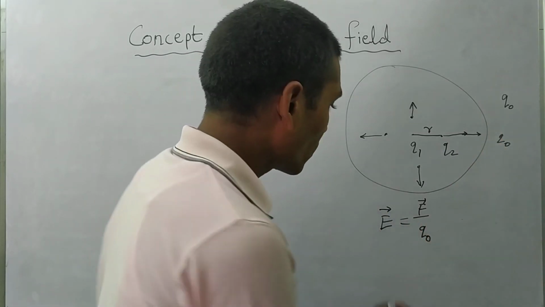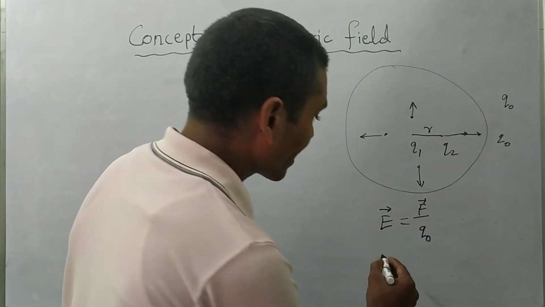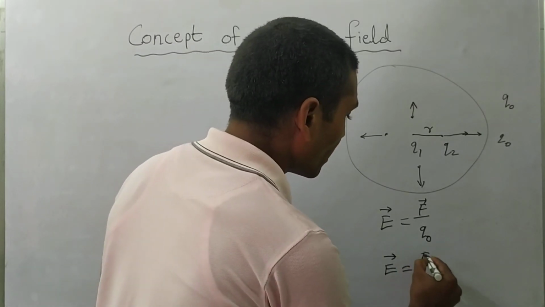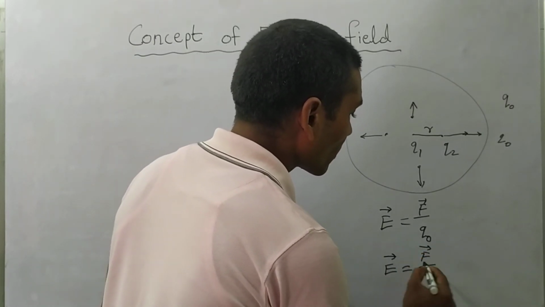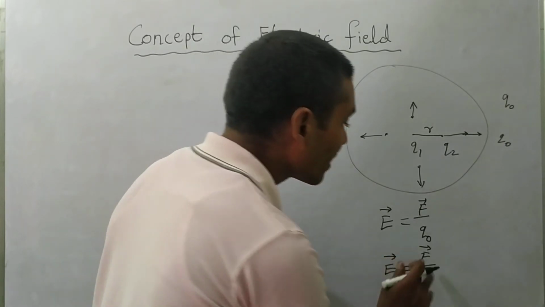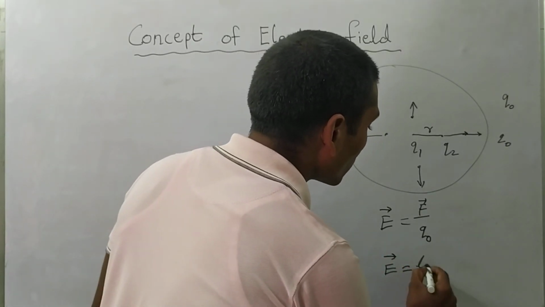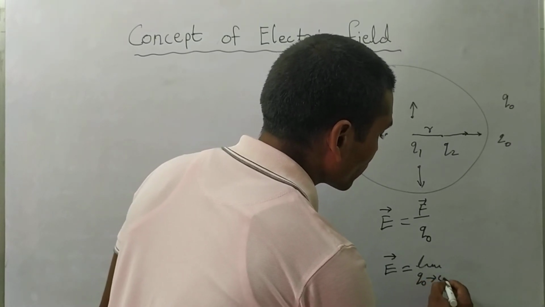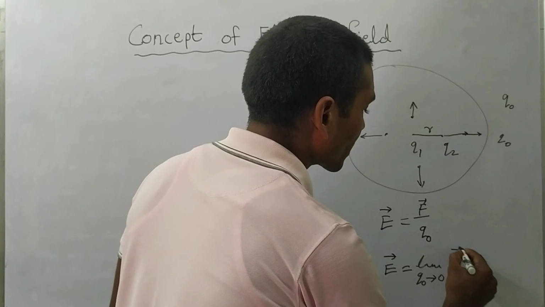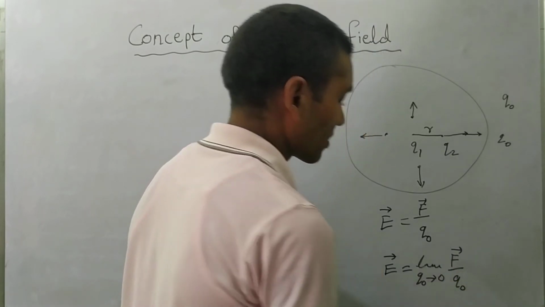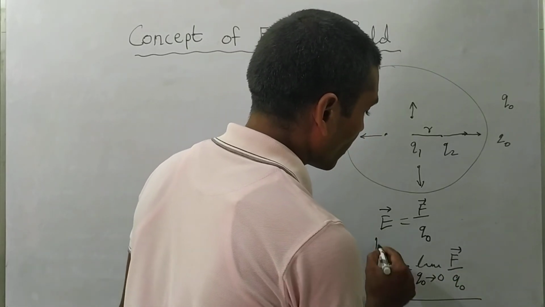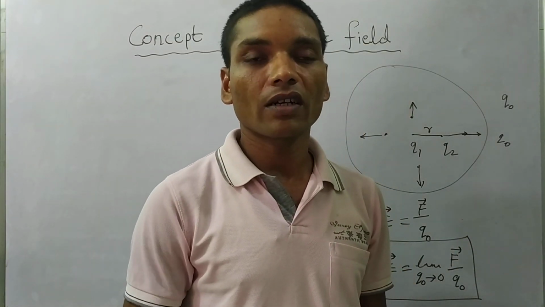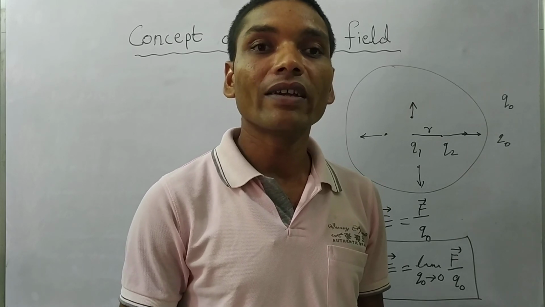So the value of electric field vector E is equal to vector F upon Q0. Here we have to take the limit: limit Q0 tending to 0 of vector F upon Q0. This is the formula of electric field, or intensity of electric field, or electric field strength.